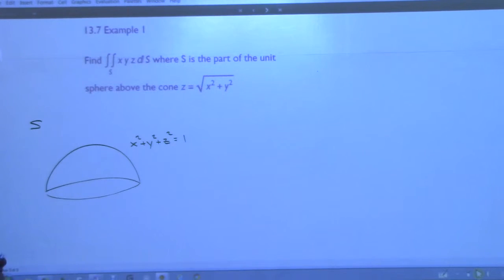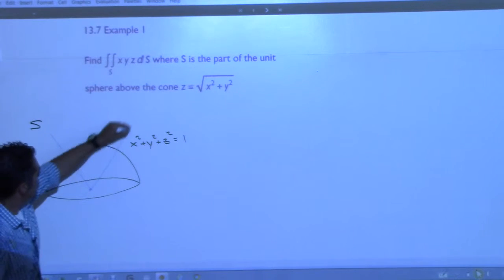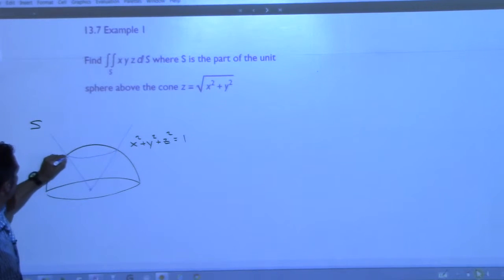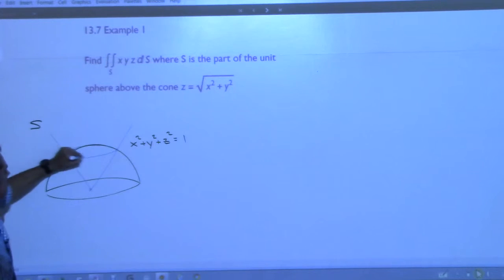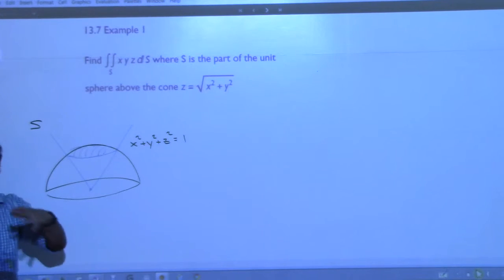It's just the top part of that cone, so our cone comes out like this, and they hit somewhere here. So we're talking about this surface right in here, like just the top part of a little snow cone.